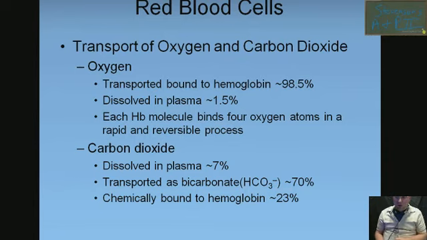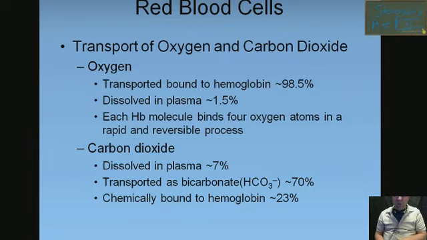And then you have hemoglobin. There's some hemoglobins that are just kind of lost and floating around, but that's very rare. But as I said before, transported attached to hemoglobin is 98.5%, and each hemoglobin binds 4 oxygen atoms.